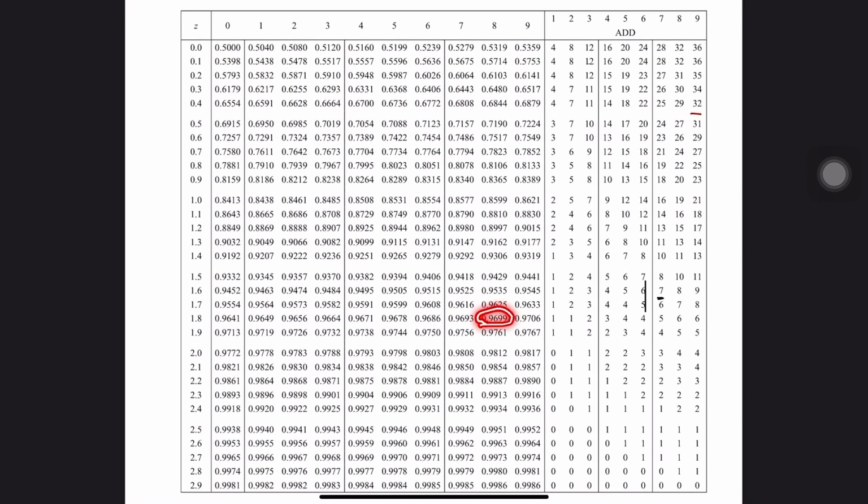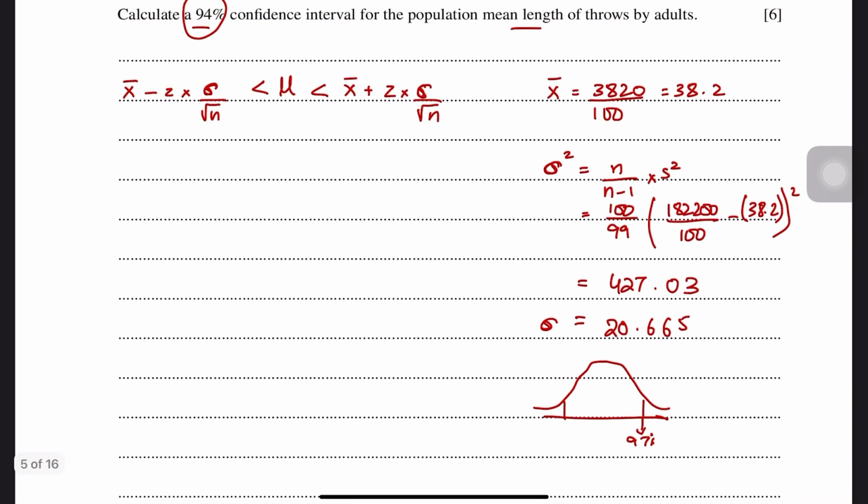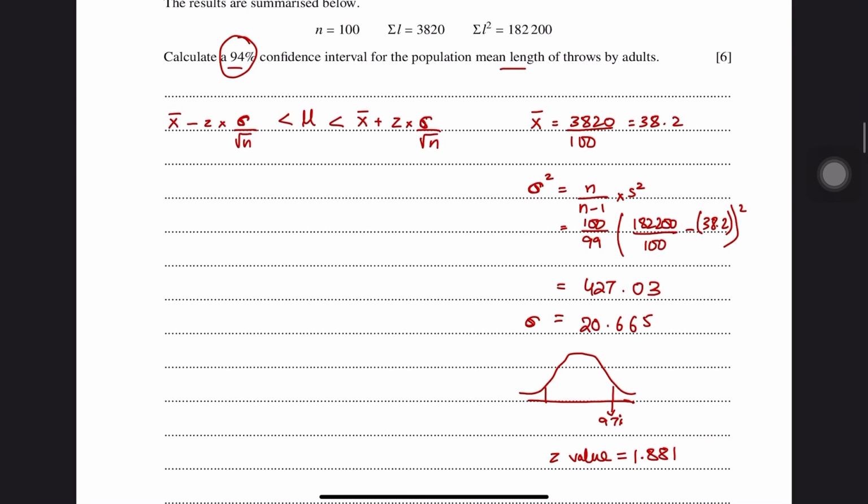So this comes out to be 1.881. So the z value is 1.881. So I get 38.2 minus 1.881 into 20.665 over root of 100, and 38.2 plus 1.881 into 20.665 over root of 100.